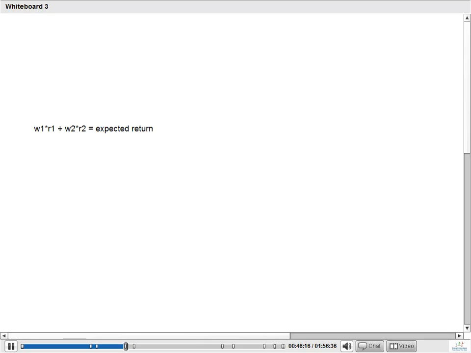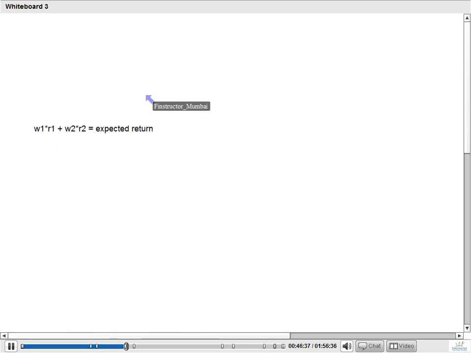Let's look at the example again. Let's assume that stock 1 was company A, that is our steel company, and stock 2 was company B. Actually, our view was correct. When B does well, A actually goes down.